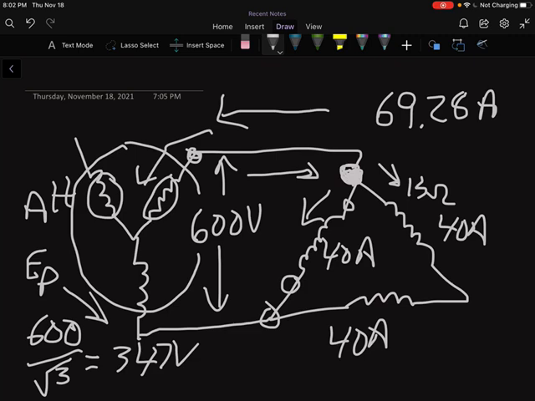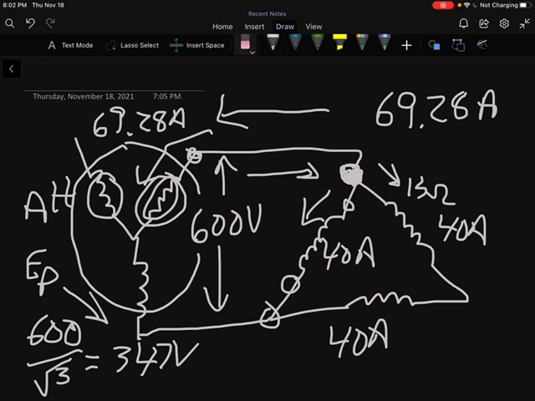There is just one coil per line. So whatever current is seen in the line is also going to be seen in the coil. So we find that the current at the alternator is also going to be 69.28 amps.